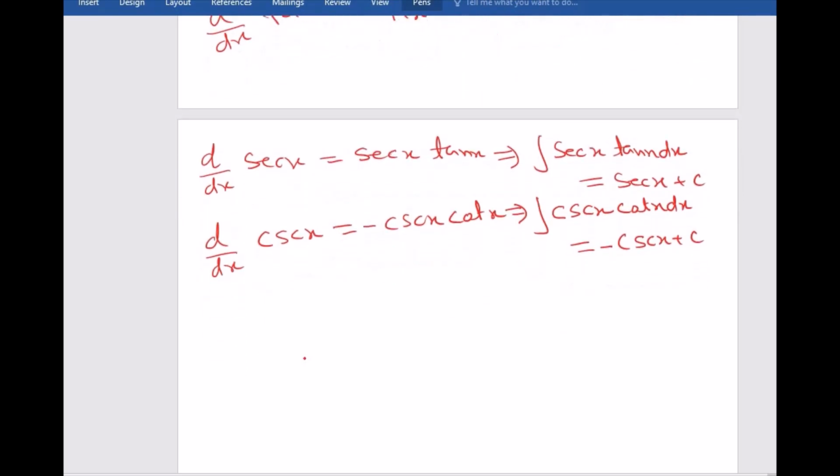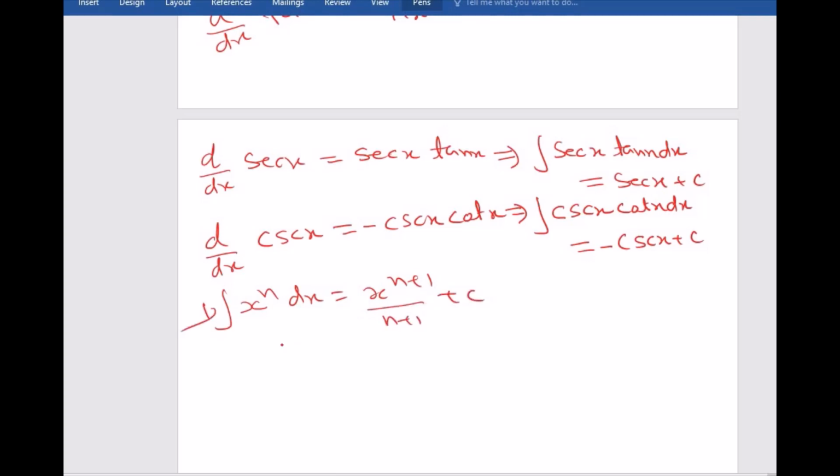Now by using this concept, I am giving a few important rules which we will use for integration. The first rule is the integration of x to the power n is x to the power n plus 1 divided by n plus 1, plus c.